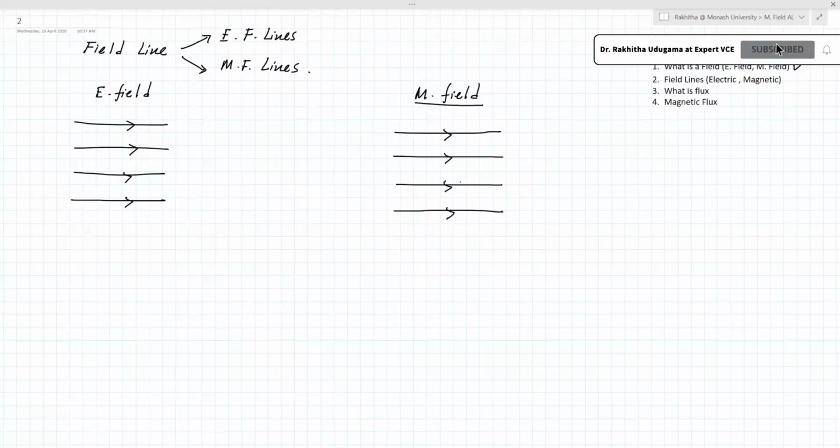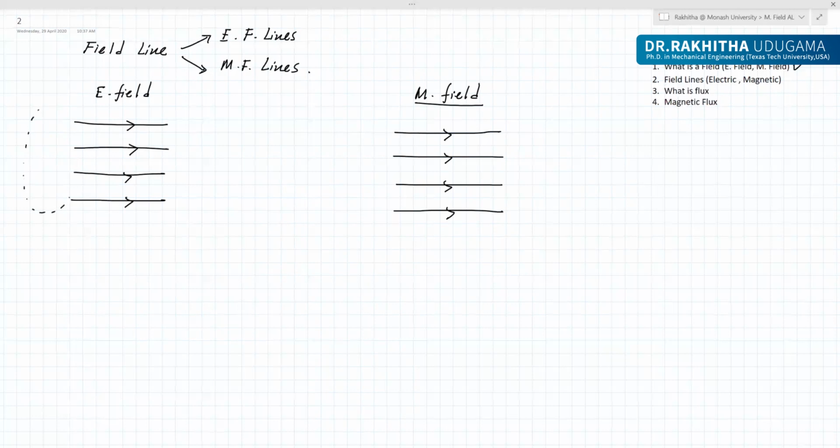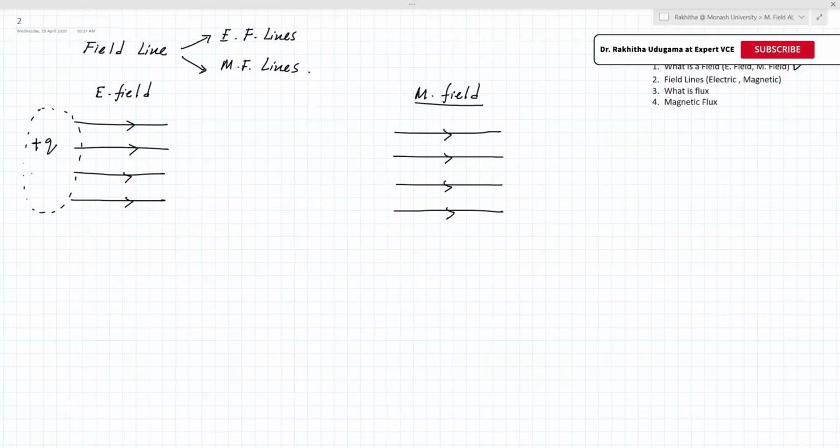Now, you might wonder, how do you make field lines? Suppose you have a bunch of charged particles here. In this area, you have a bunch of positive charged particles. I would say Q. Okay, Q. So you know, field lines originate from a positive charge, or from positive charges.